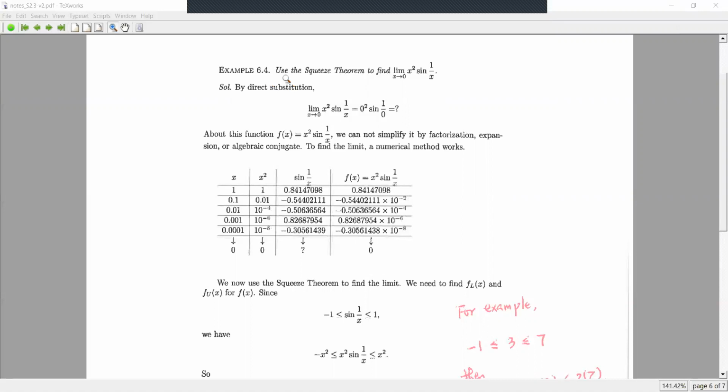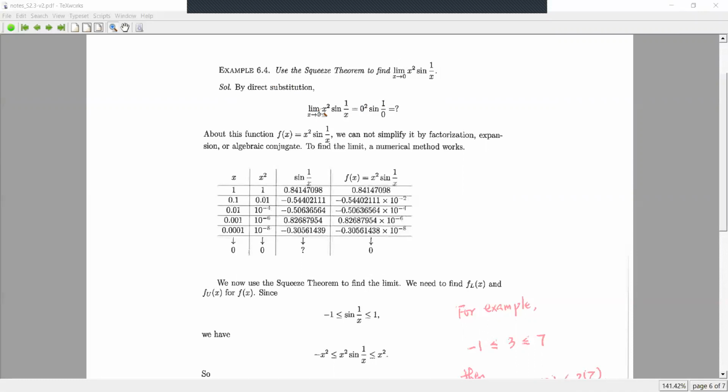Example 1. Use the squeeze theorem to find this limit. By direct substitution, this limit is equal to this number, but this number is not computable. You can have a try with your calculator.